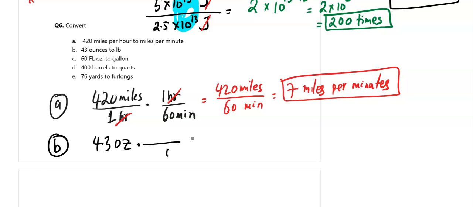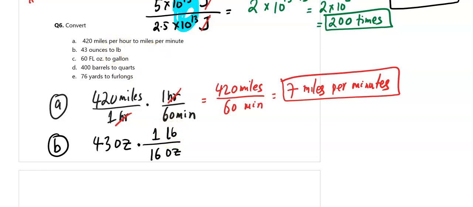So what I'm going to do here, I put the ounce in the bottom and the pound in the top, lb as in pounds. So I should say 16 ounces equals 1 pound. I need to put the ounce in the denominator because I got to cancel this ounce with this ounce, and my answer is going to be the pound that I'm looking for.